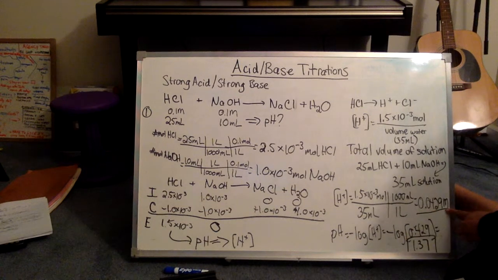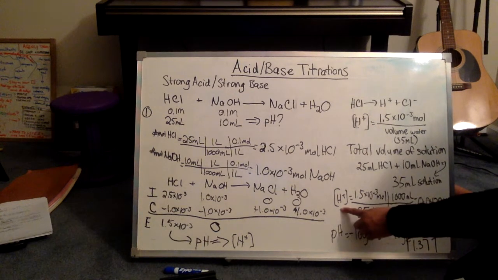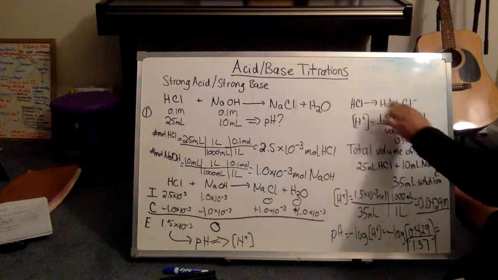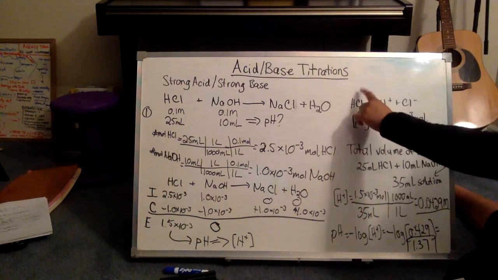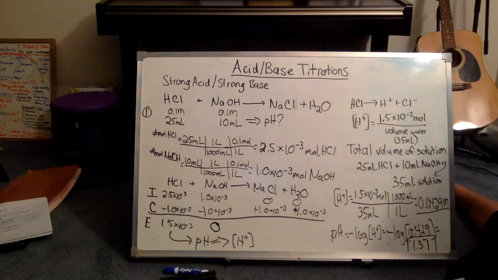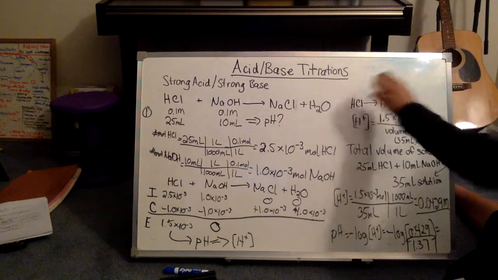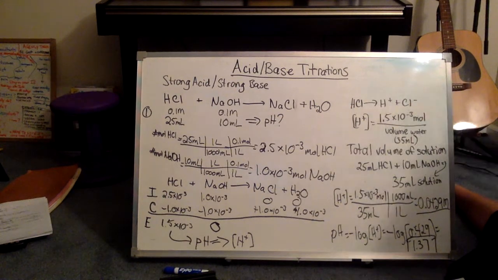Then we calculated the molarity, which would be the H plus, because we know that this fully dissociates. This is 1.5 times 10 to the minus 3. This becomes 0, and then we just get H plus and Cl minus, like we've been doing for all of our acid-base reactions, and then solve for our pH to be 1.37.